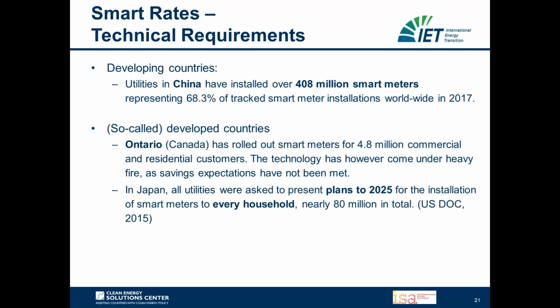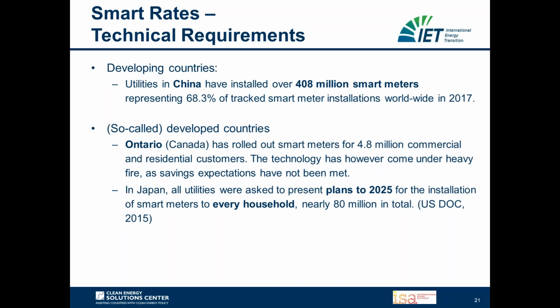Here just a few findings on who's currently leading smart meter rollout. It's actually China, with more than 408 million smart meters already rolled out. We also see other jurisdictions in North America and Europe which have made quite far advances. For instance, Ontario province in Canada has already 100% smart meter penetration for all sectors.